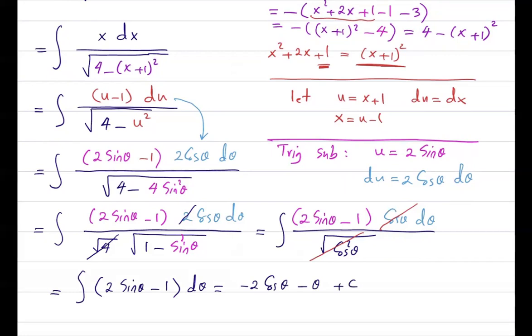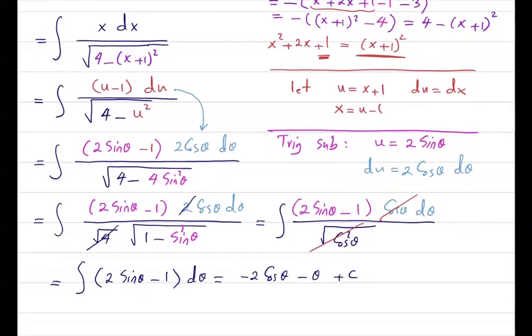But we cannot leave it like this. We have to convert everything back into x. X is equal to u minus 1, and u is 2 sine theta. So let us do the calculation.